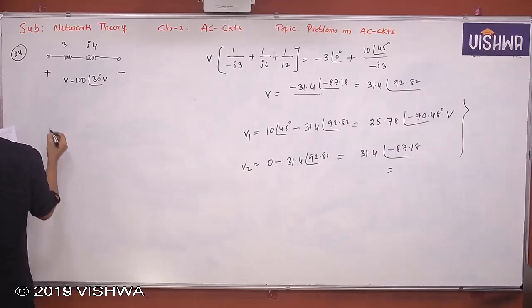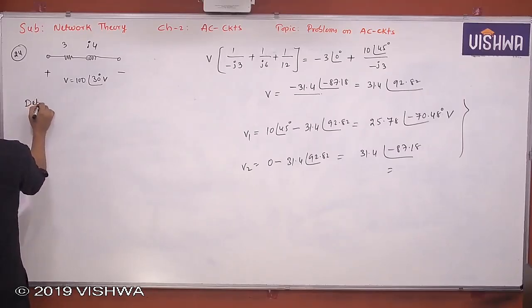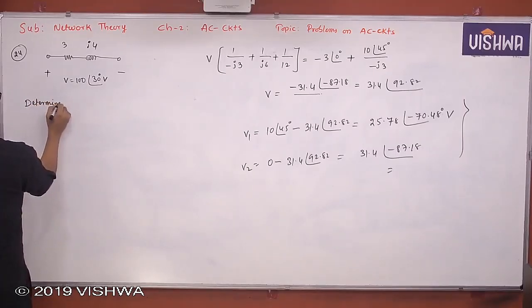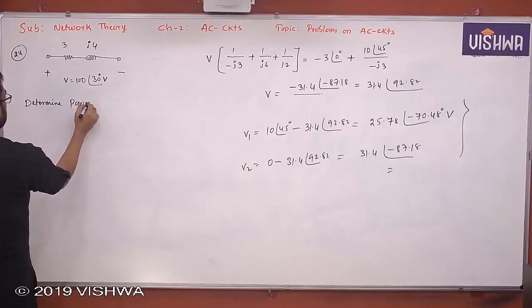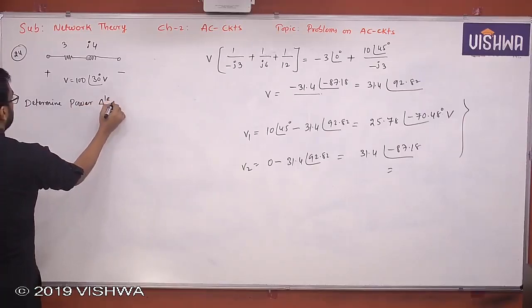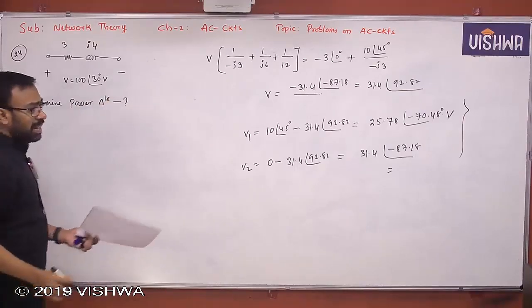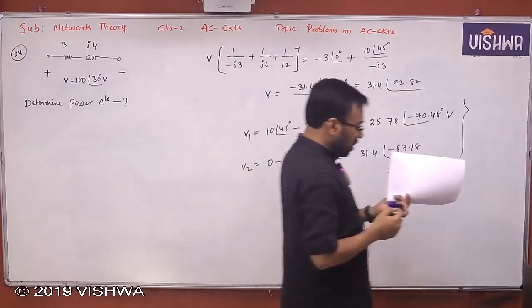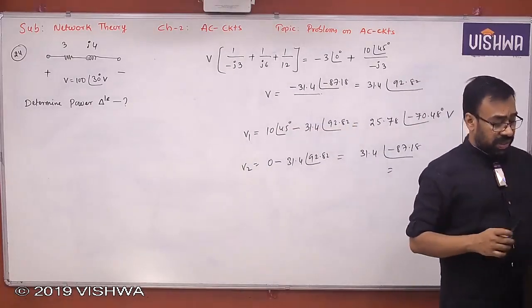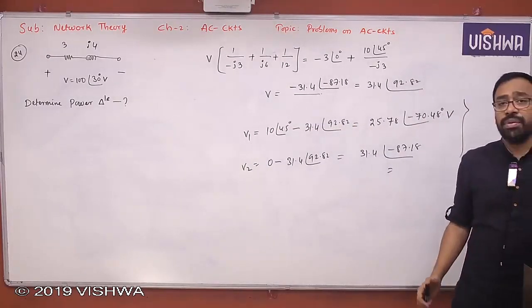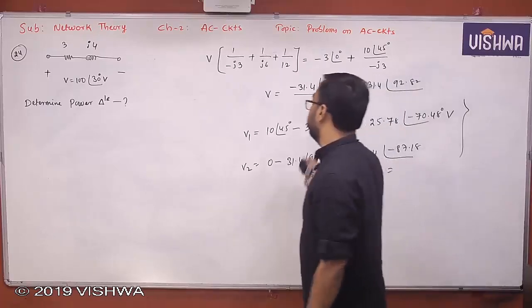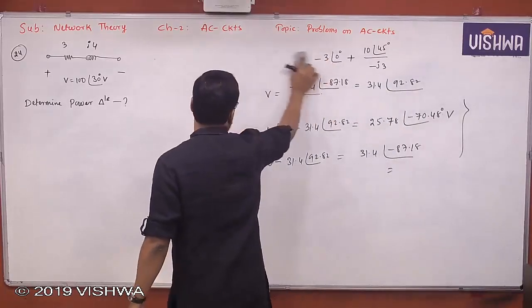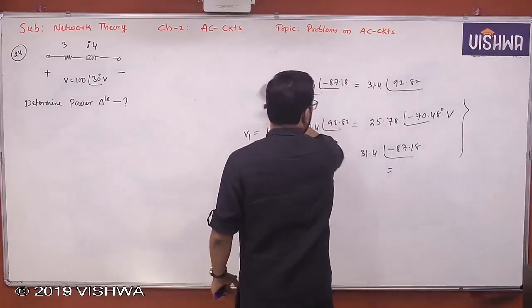Determine the power triangle. What is the power triangle? You have the power triangle with active power, reactive power, apparent power, and the phase angle phi. So let's try to find all of them here. I think you have noted this, right?